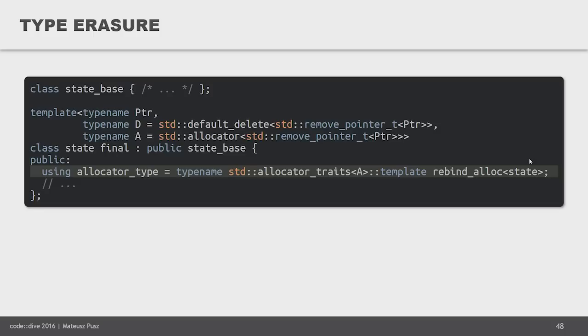And we are using this rebind_alloc to do it. So basically what it does, it takes our allocator and it modifies the T of the allocator to our state, as you can see in the last statement there. So basically what we have, the allocator type is our allocator of type state, not some T we don't know.